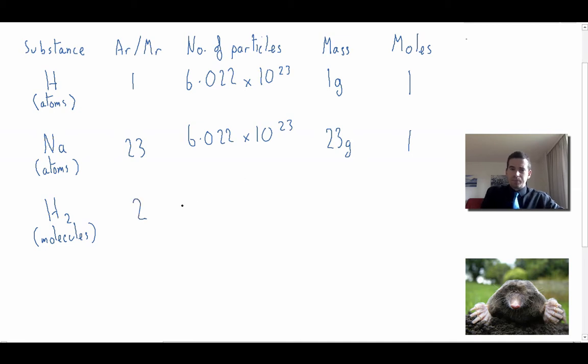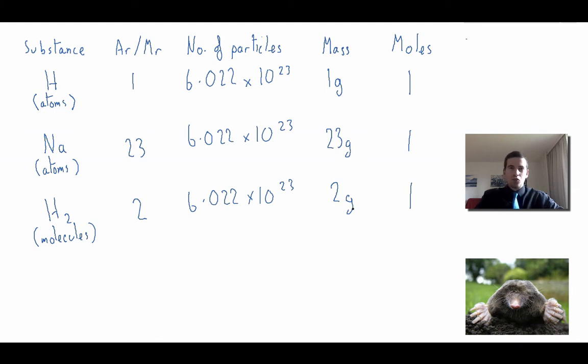Now, if you have 6.022 times 10 to the 23 molecules of hydrogen, you'll have 1 mole of molecules, and therefore the mass will be 2 grams. It is the relative molecular mass in grams.